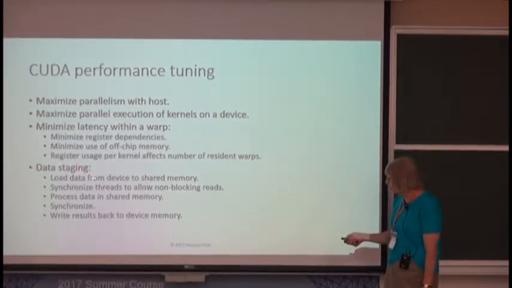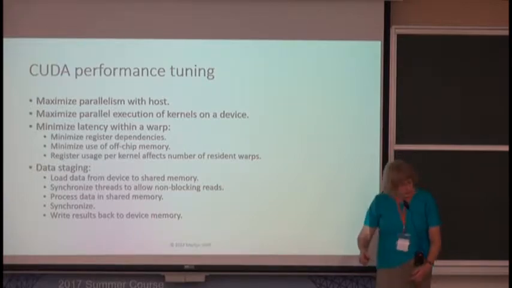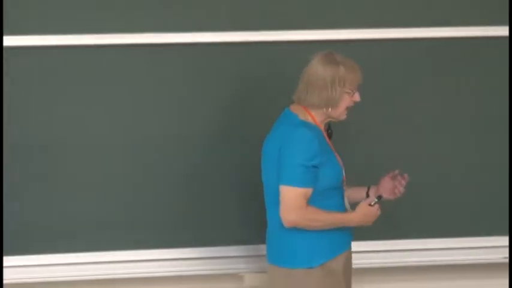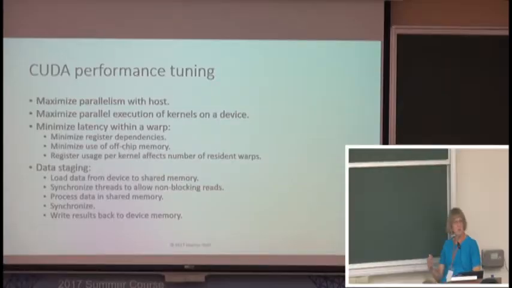You want to move memory into the GPU, process it efficiently in the threads with minimum amount of blocking and move it back out, so that you're not crashing the GPU memory system. Okay? So bring it in, process it, put it back out, rather than read from global memory, write some, read, write, read, write, read, write. Okay?